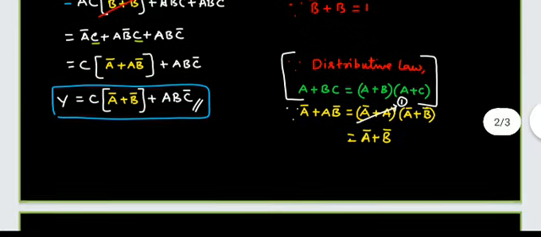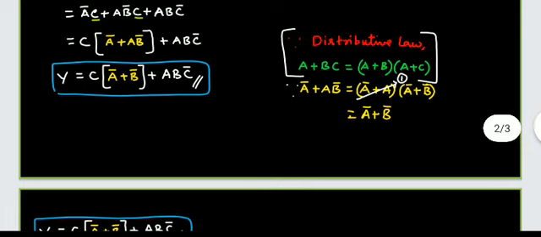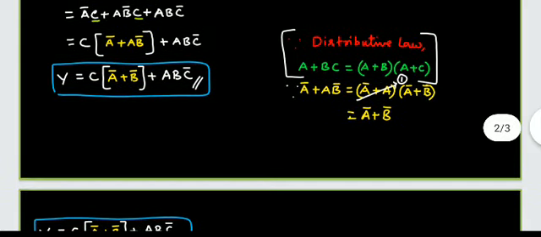Next step, c is a common variable, so I can take c as a common variable from first and second term. Then what I will be getting inside the bracket? a bar plus a b bar. So here I can apply distributive law. If I apply distributive law, it gets reduced to a bar plus b bar, that I have given on the right hand side, right?